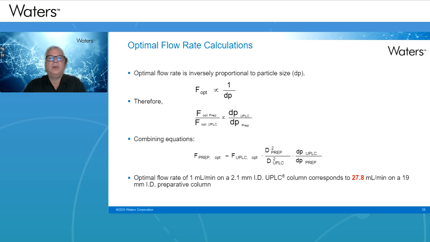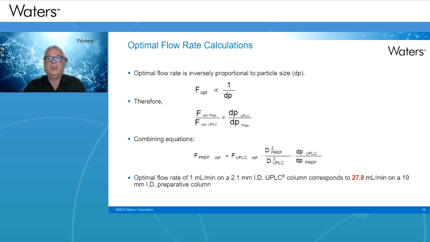Okay, we have these equations for what the flow rate will be on my method, so what will be the optimum flow rate on my prep column. I don't want to give you all the details, but typically if I was using 1 mL per minute on my 2.1 millimeter ID column, I will need to use 27.8 mL per minute on my 19 millimeter preparative column.